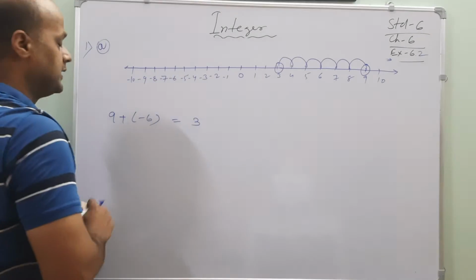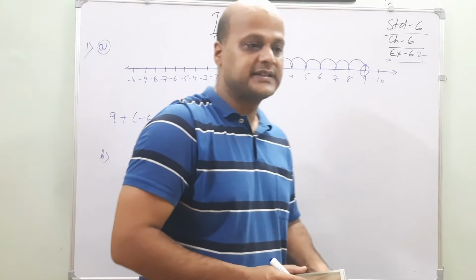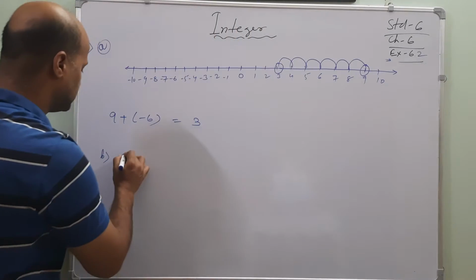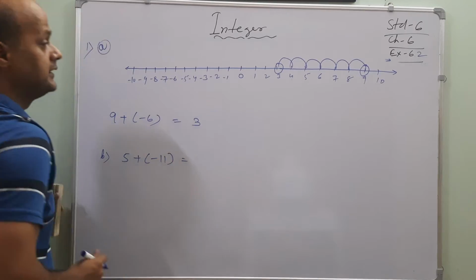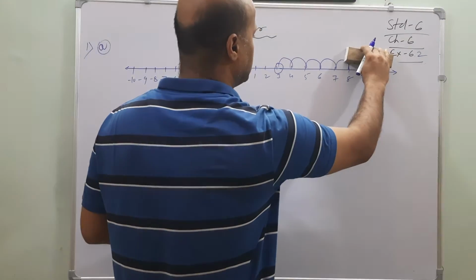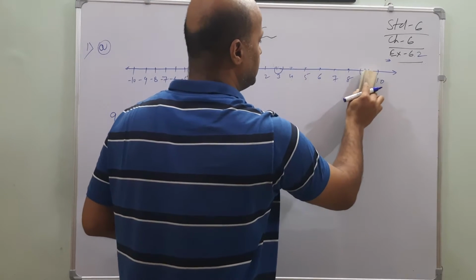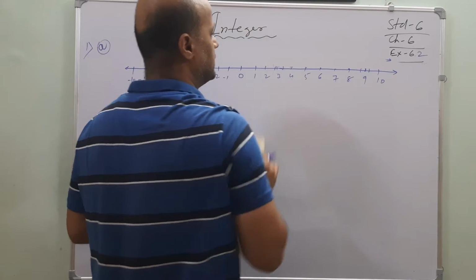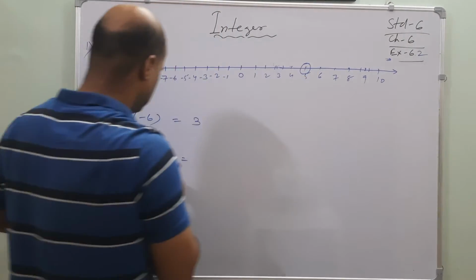Okay. Next, B. What is the B saying? The B is saying 5 plus minus 11. Okay. Now, I erase this one so that it will be easily understood by you. Okay. Ready? 5. Where is the number 5? Here it is.